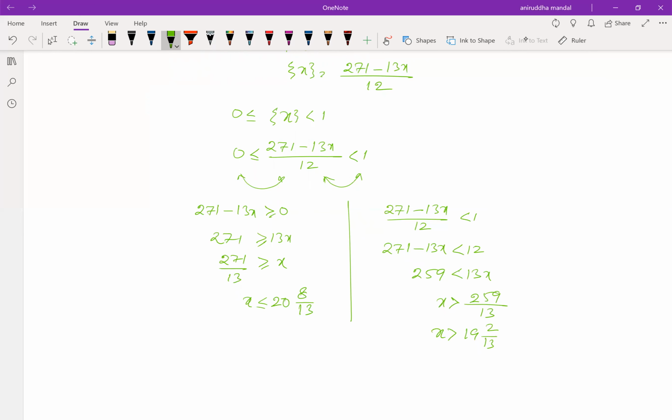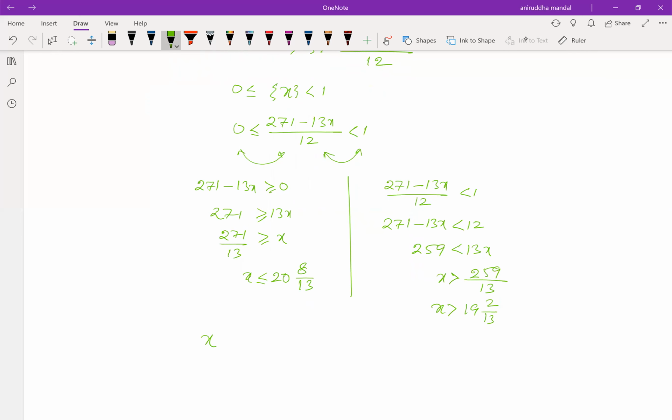So the value of x lies between 19 whole 2 by 13 and 20 whole 8 by 13. This is the range of x, and this is an open bracket.